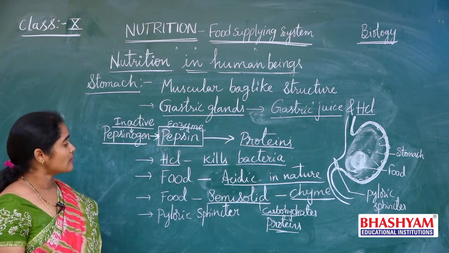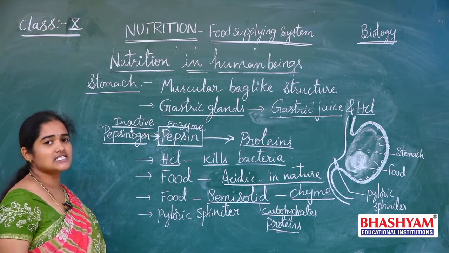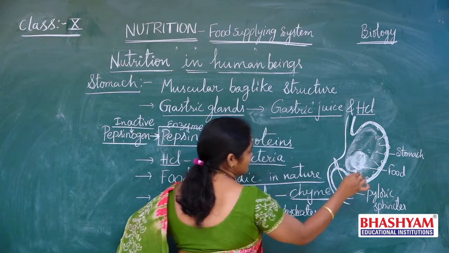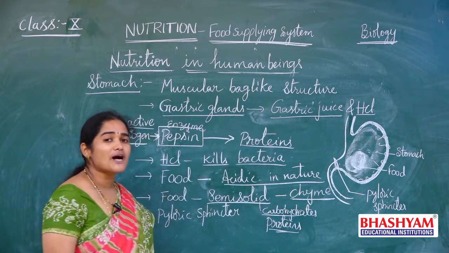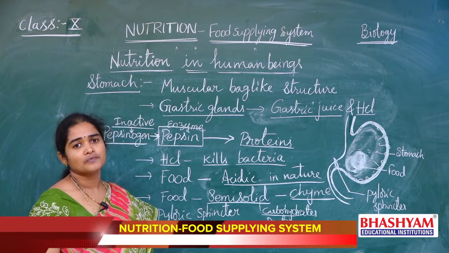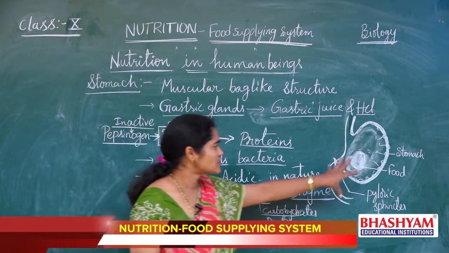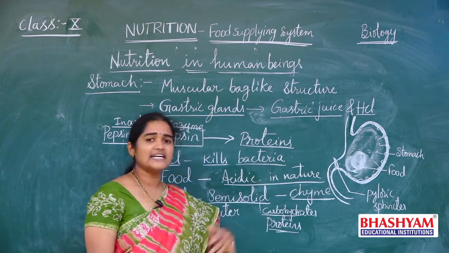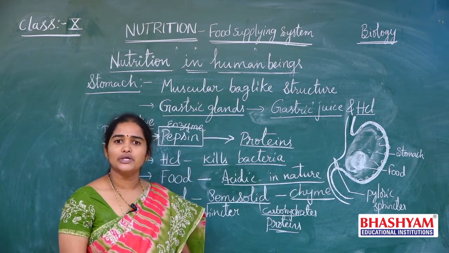So after the production of chyme in the stomach, now the food has to move from the stomach to the first part of the small intestine, that is called the duodenum. As a large amount of food is present in the stomach, the total food at a time will not move into the duodenum.